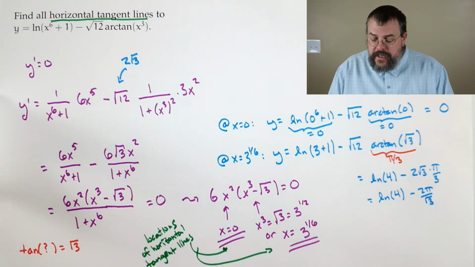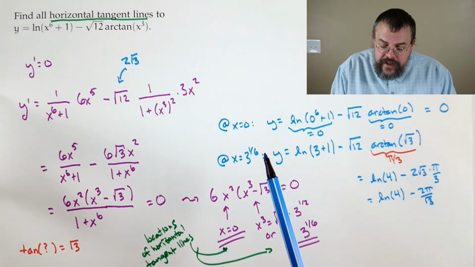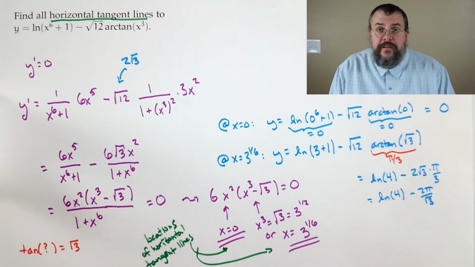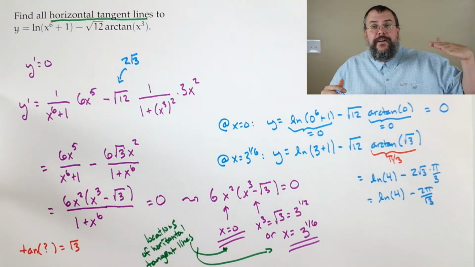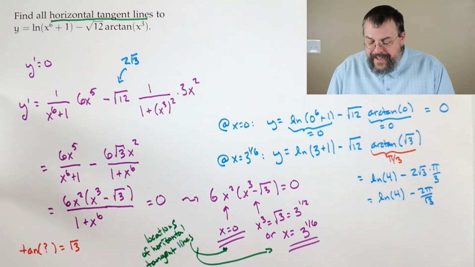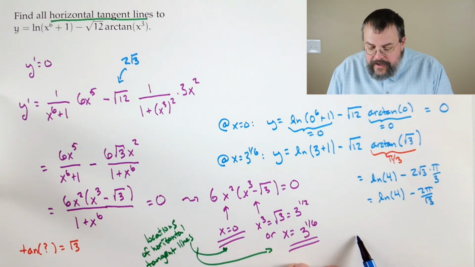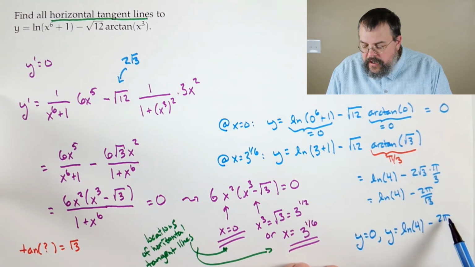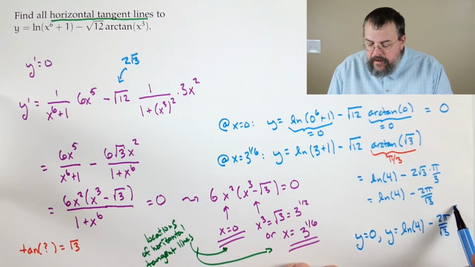Okay, so we're almost done because we found out what's the y-coordinate when we plug in 0 and 3 to the 1/6. But since we know our slope is 0, all we need is the y-coordinate. And therefore, our desired horizontal tangent lines are y equals 0 and y equals natural log of 4 minus 2 pi over root 3.